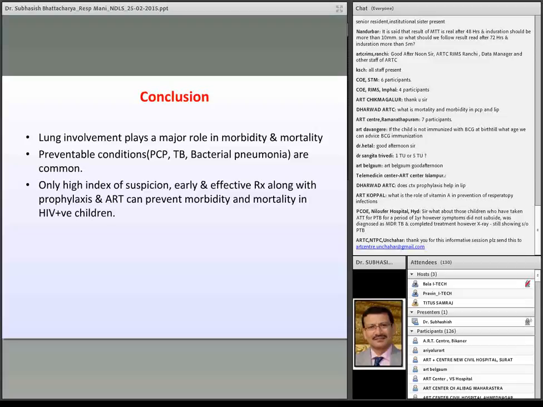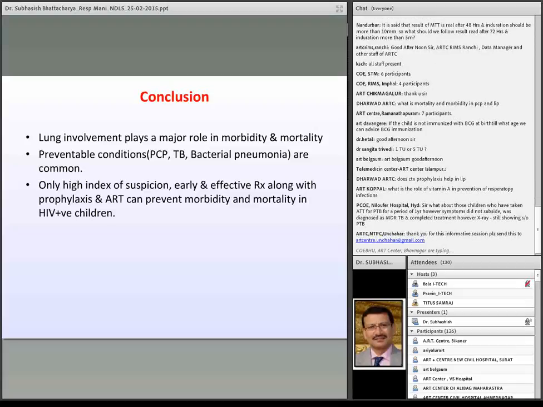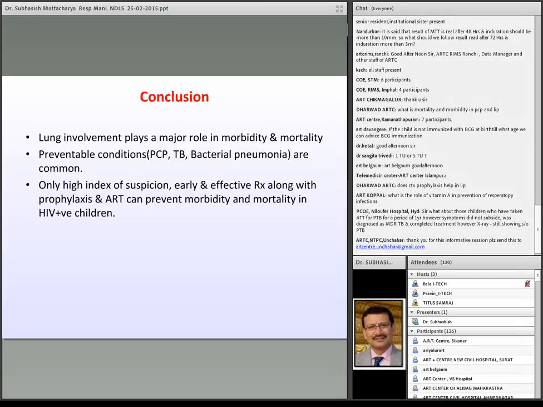One question was, is cotrimoxazole prophylaxis helpful for LIP or not? No, there is no role of cotrimoxazole prophylaxis in LIP, because LIP is a unique condition usually seen in HIV.